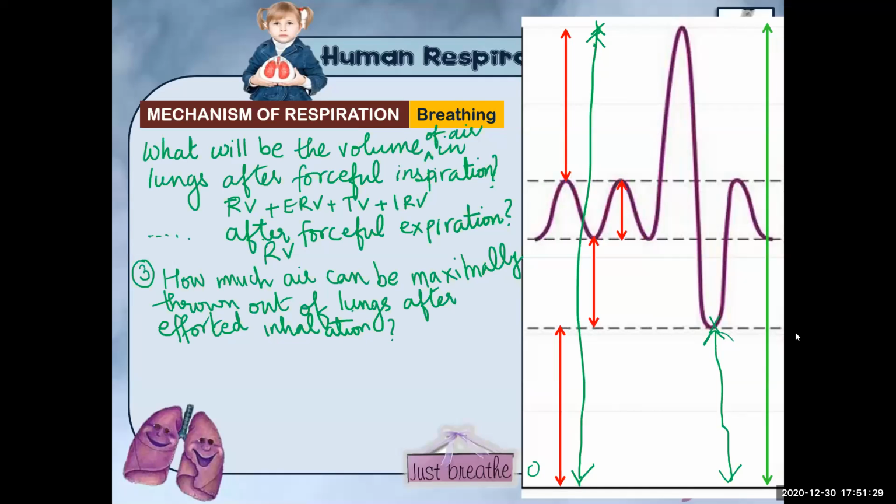तो अभी क्या बोल रहे हैं? अब मैं यहां पे हूं, राइट? आफ्टर फोर्सफुल इनहेलेशन मतलब मैं यहां पे हूं और मेरे को क्या पूछ रहा है? कितना हवा मैं मैक्सिमली लंग के बाहर छोड़ सकता हूं ना. लंग के बाहर मैं सब हवा छोड़ सकता हूं एक्सेप्ट फॉर रेसिडुअल वॉल्यूम, राइट? मतलब ये हवा बाहर निकल सकती है, ये भी हवा बाहर निकल सकती है और ये भी हवा बाहर निकल सकती है, पर उससे ज्यादा हवा बाहर नहीं निकल सकती है. तो ये क्या है?